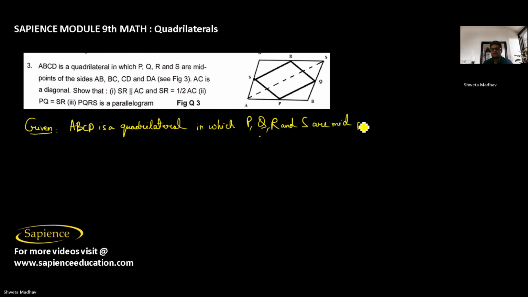So here it is given that ABCD is a quadrilateral in which P, Q, R, and S are the midpoints of the sides AB, BC, CD, and DA respectively.